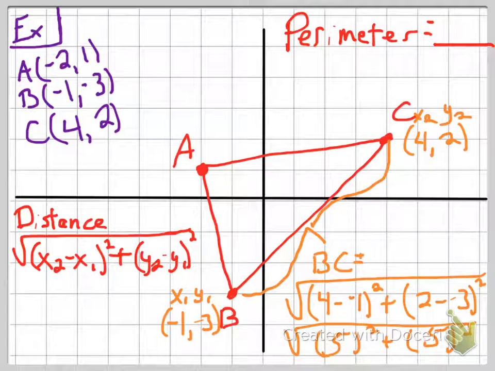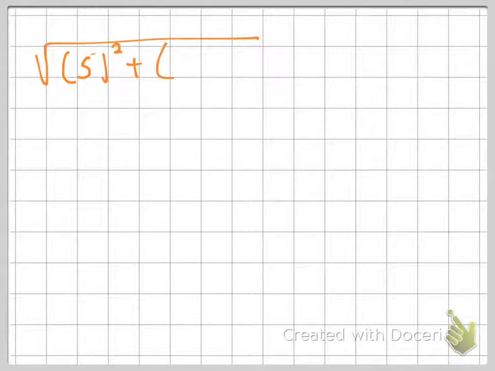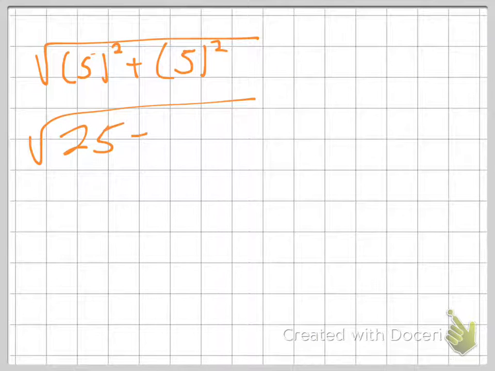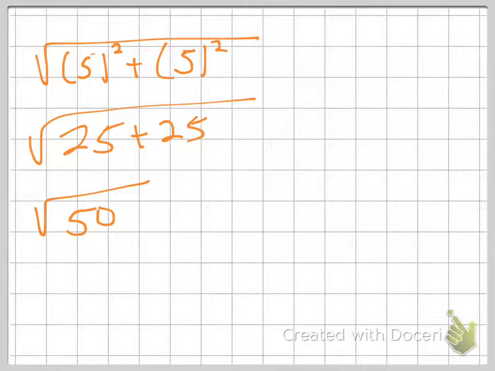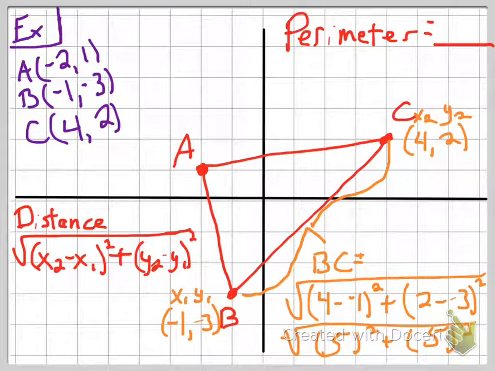Now I'm running out of room here, so I'm going to go to a new page. Square root of 5 squared plus 5 squared. Guys, that's 25 plus 25. That's going to be the square root of 50. So the length of BC is the square root of 50.